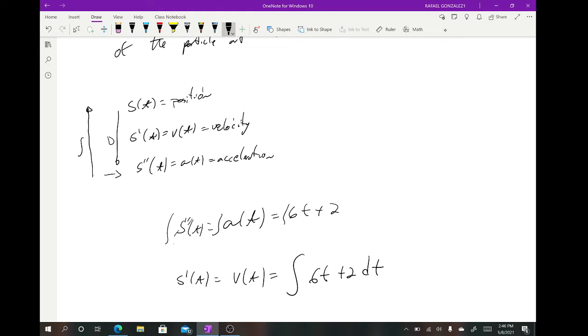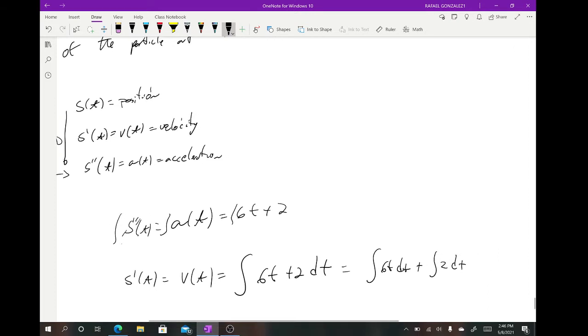dt. But remember, we could do it by piece, or we could use the reverse power rule. If we do it by piece, this is going to be the integral of 6t dt plus the integral of 2 dt. The integral of x to the p dx is just going to be x to the p plus 1 divided by p plus 1.